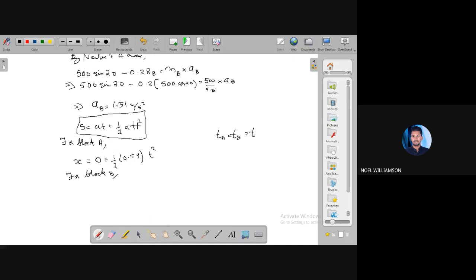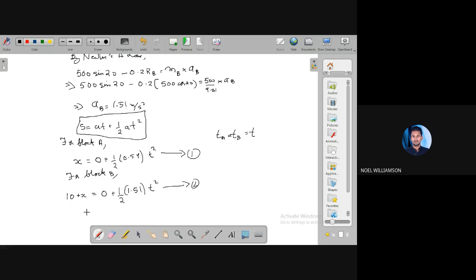The distance traveled by B is 10 plus x. So 10 plus x equals, there also the initial velocity is 0, so 0 plus half into A, acceleration is 1.51, into the same time, t square. So this is equation number 1 and equation number 2.